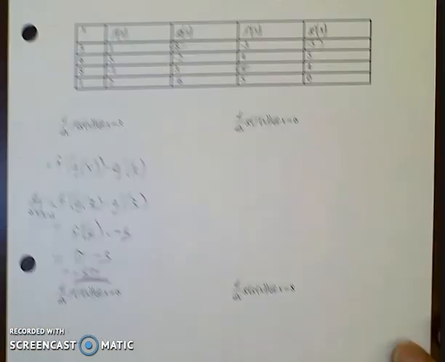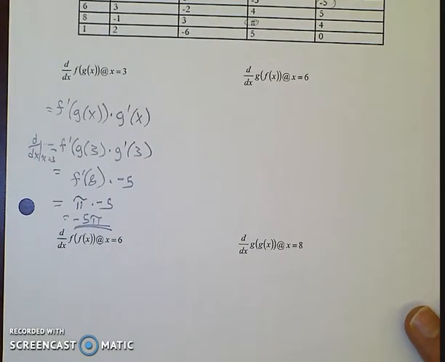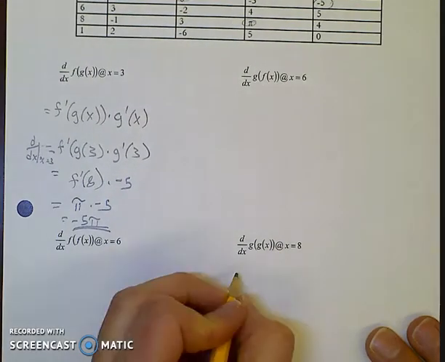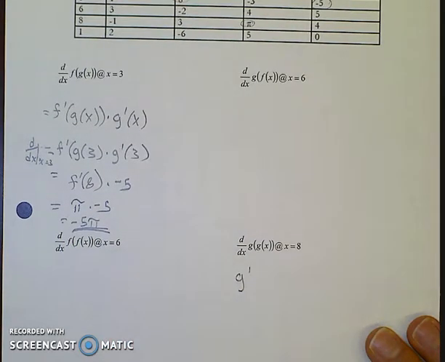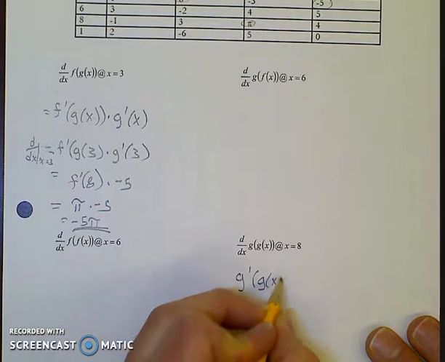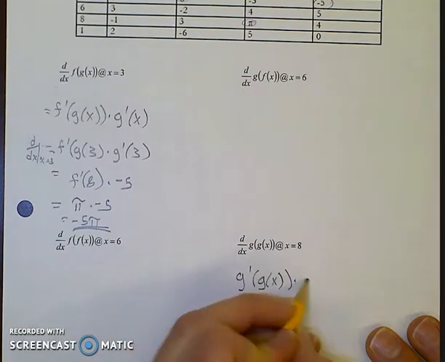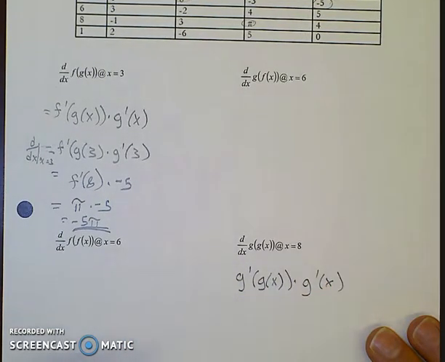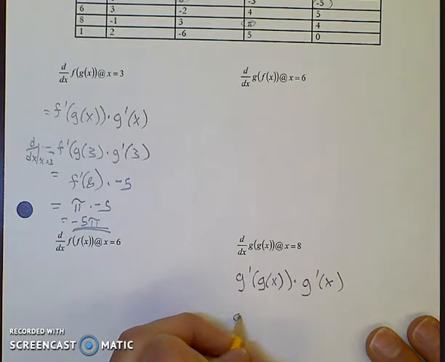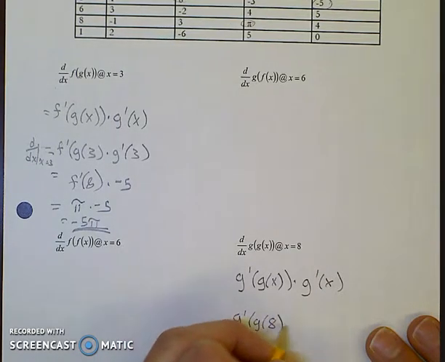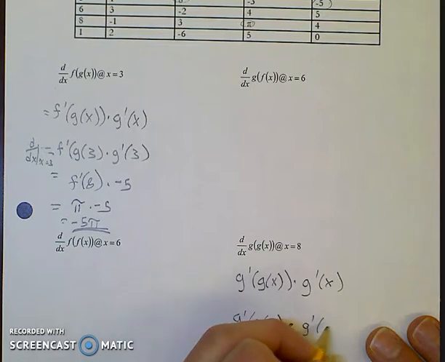Let's do the final one right here, g of g of x. So that's going to give us g prime, derivative of the outside, times g of x, multiplied by the derivative of the inside. And let's go at 8, so g prime of g of 8, multiplied by g prime of 8.